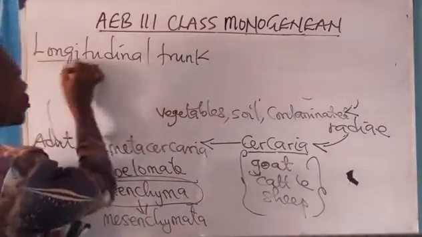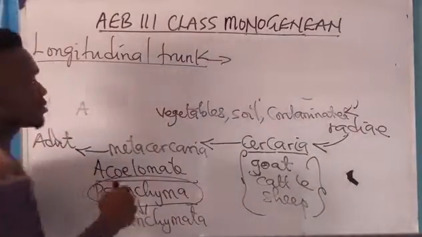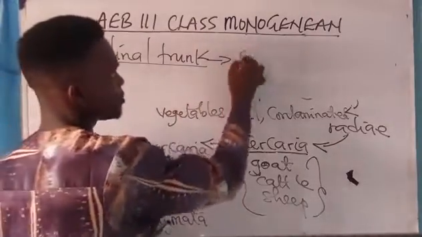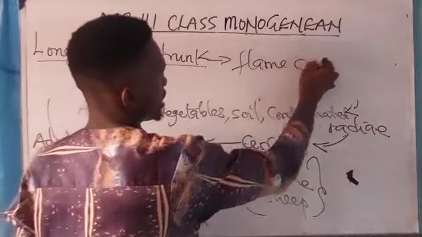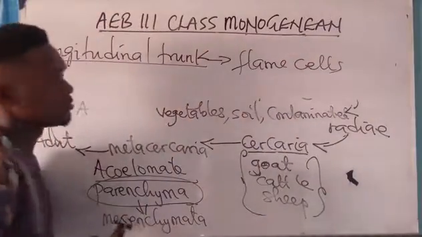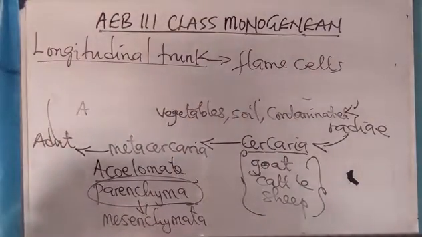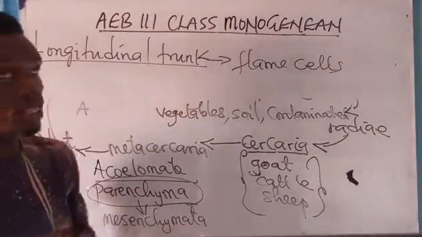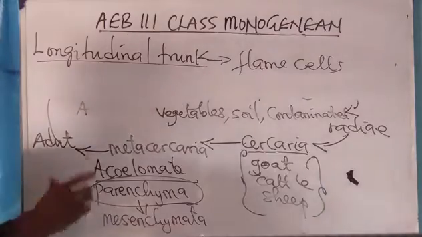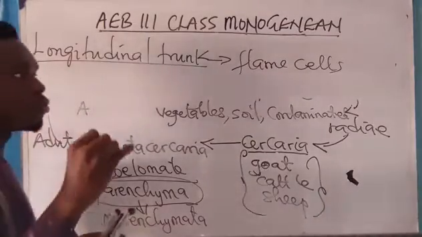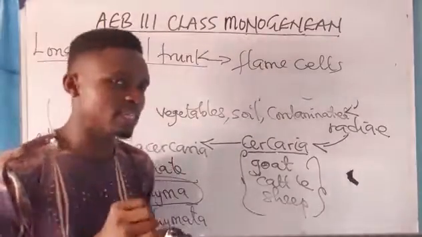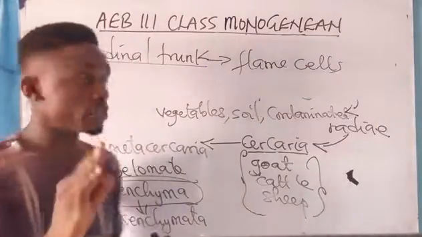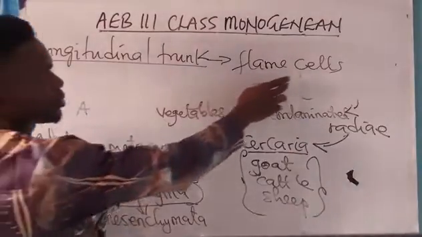Now this trunk, or I can call it tubule, is made up of numerous flame cells. It's made up of what? Numerous flame cells. And please, that reminds me, the Digenea, or the Trematode, they have branched testes, ovary, and cecum. What did I say? They have branched testes, ovary, and what? Cecum.